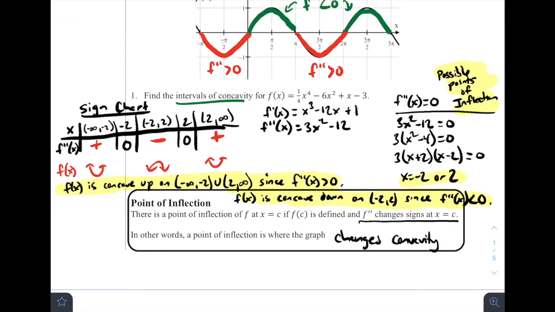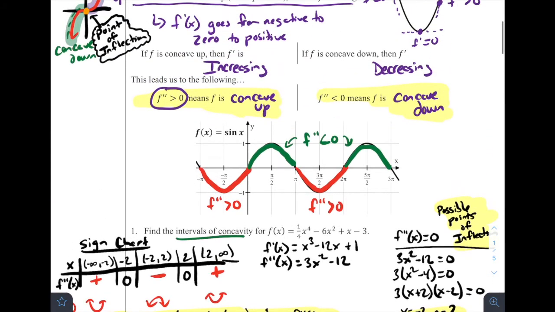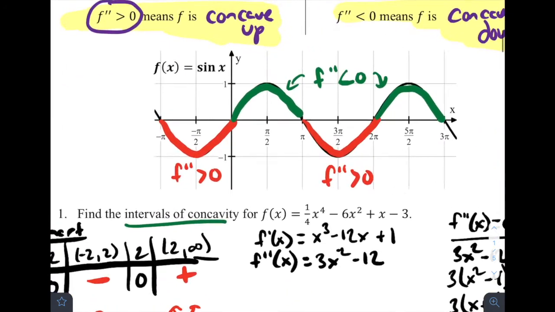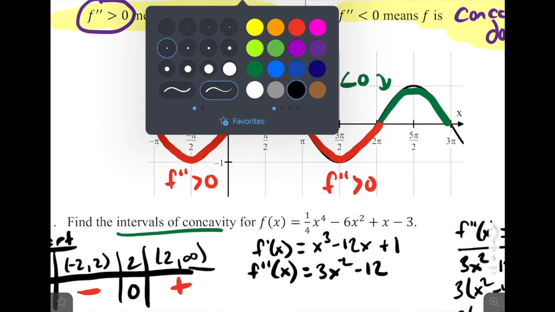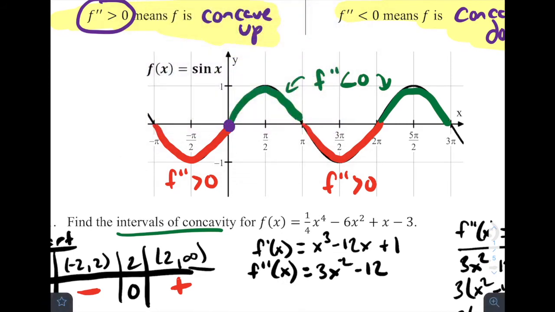So specifically here, we can go back up to this sine graph that we had here. And in fact, each of these places, these x values where the graph changes from concave down to concave up, would be our point of inflection. And I'll just write that once. This is a point of inflection.